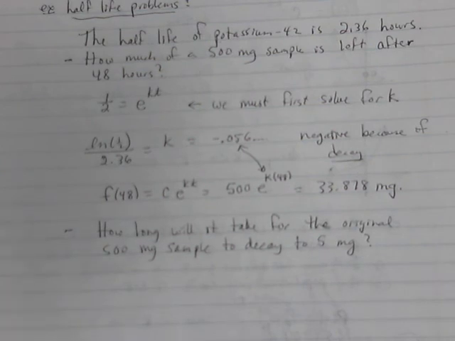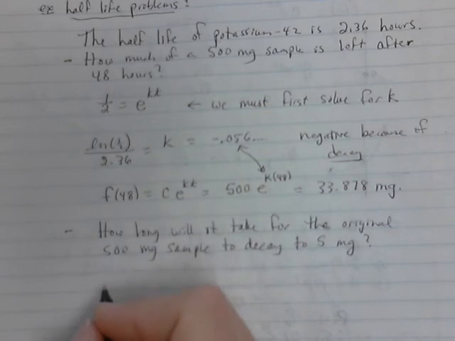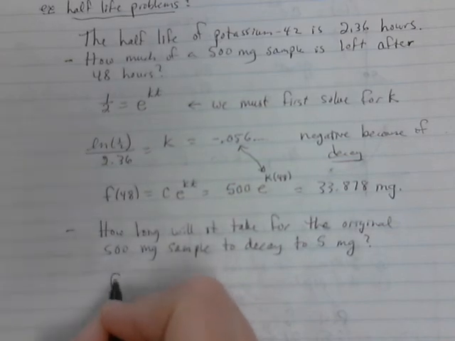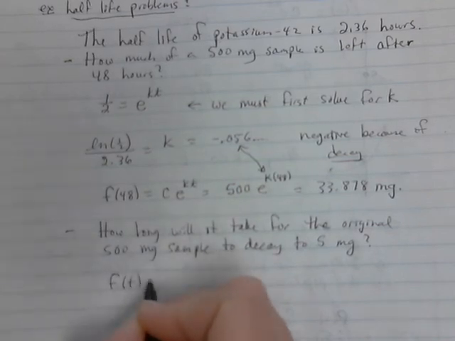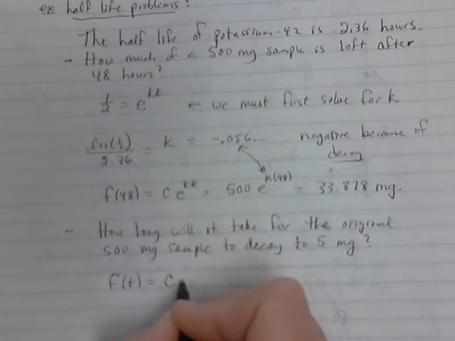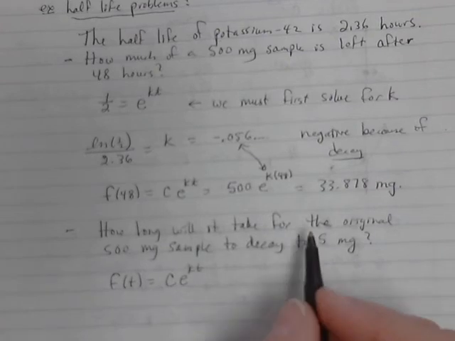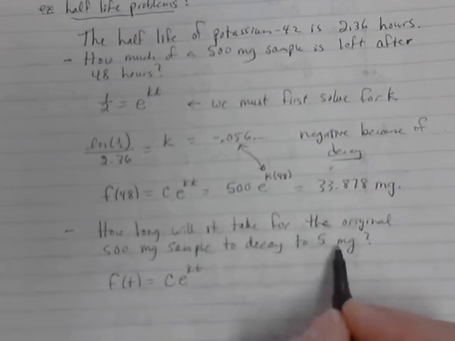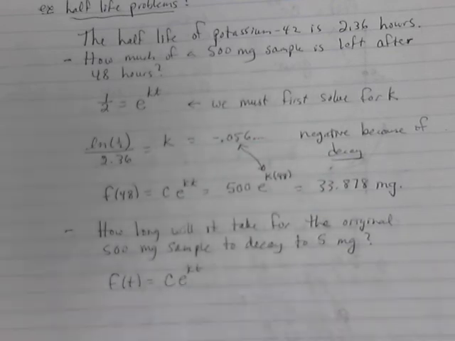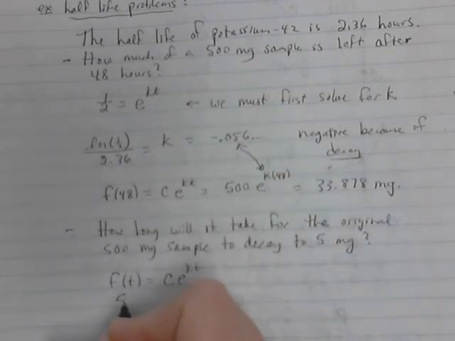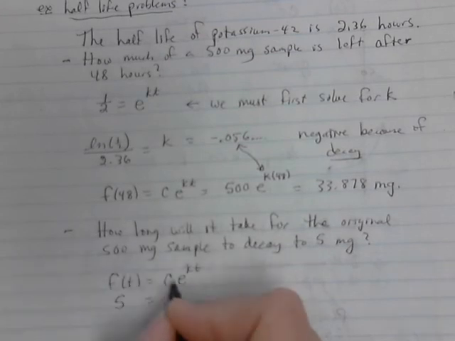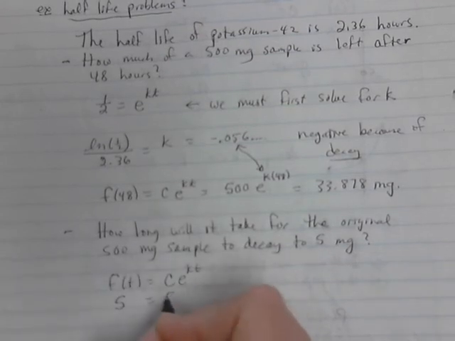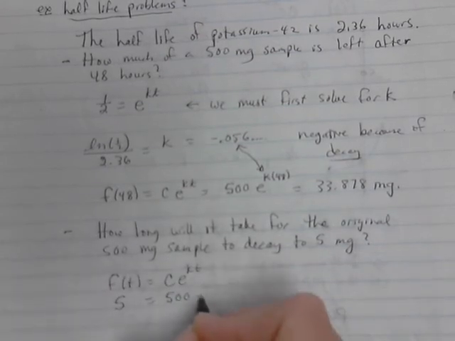And so we're going to be using our same formula. f of t is equal to c e to the kt. f of t is the final amount that you're looking for. In this case, the final amount is 5 milligrams. So 5 milligrams is equal to c, the initial value, so we've got 500 times e.